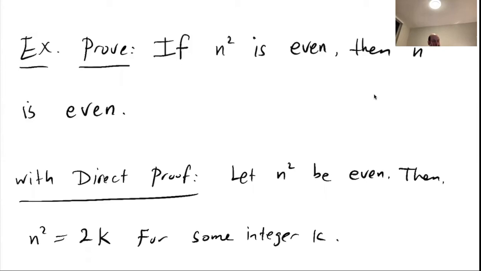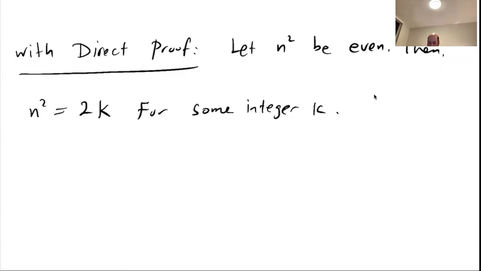Now, what do I want to have at the end? I want to have n. So that means I have to take the square root of both sides. So square root of n squared equals square root of 2k. Now, how can I know whether square root of 2k is odd or even?